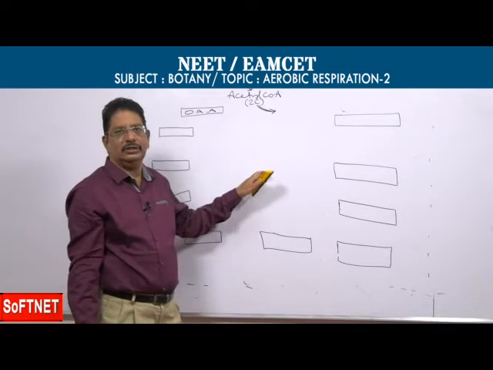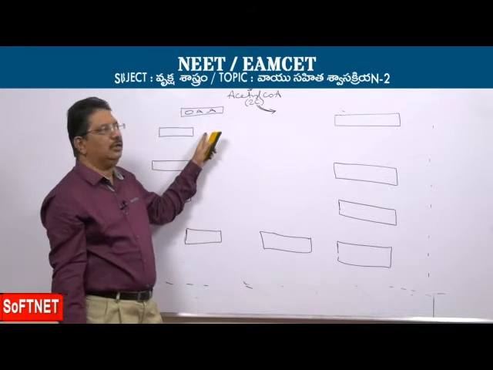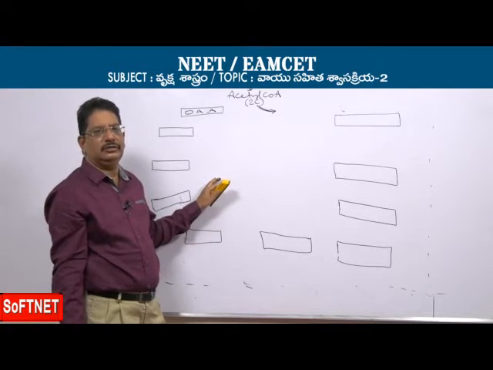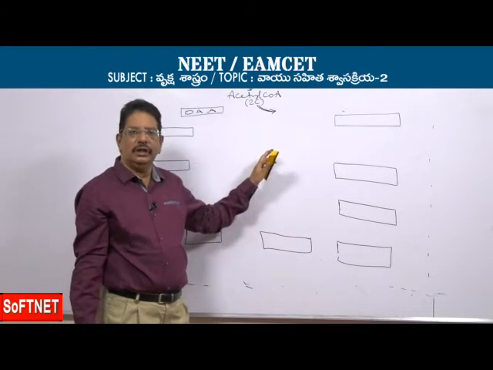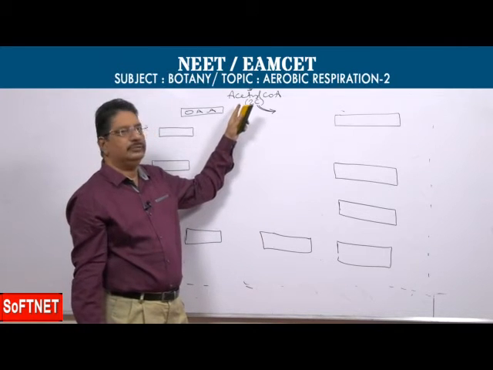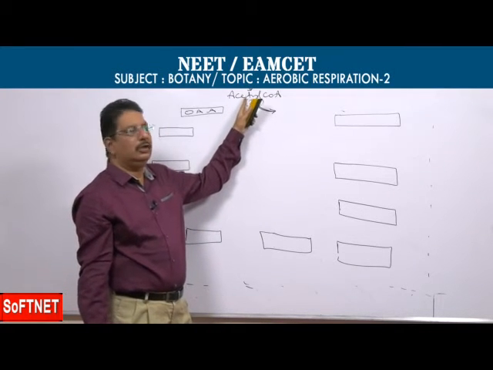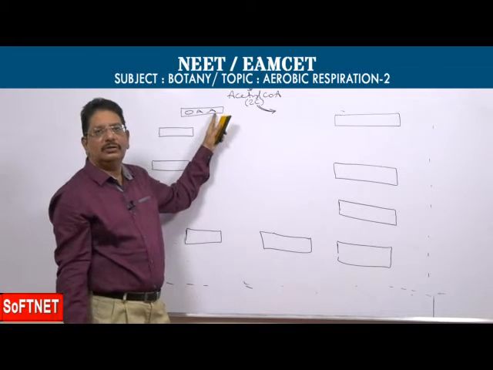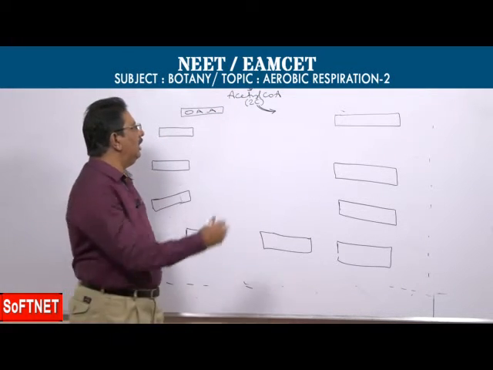It requires the support of another compound, oxaloacetic acid. So in the first reaction of the Krebs cycle, there is a condensation of the acetyl group of acetyl coenzyme A with oxaloacetic acid.